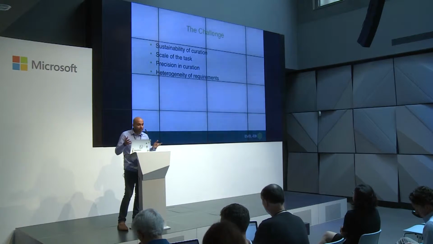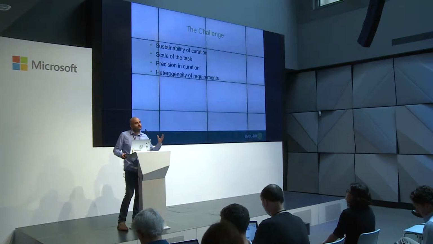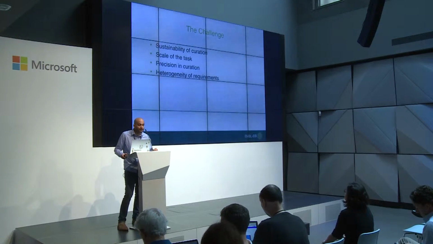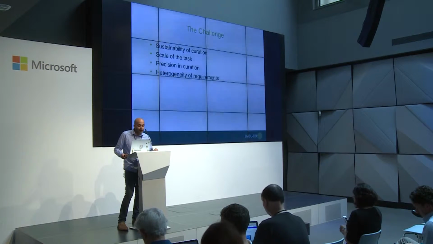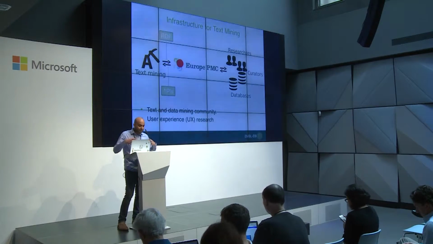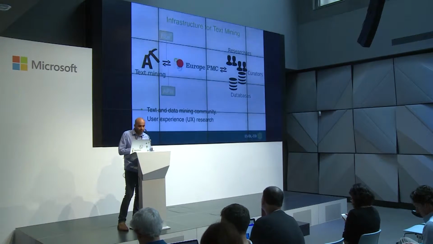What curators do is they have to go through every paper and upload the corresponding information they need to the respective databases. This is firstly time consuming, and it's very cumbersome. And so essentially, this is why we need annotations.